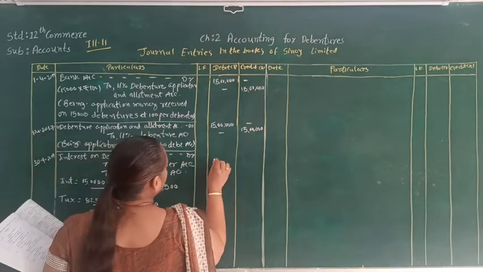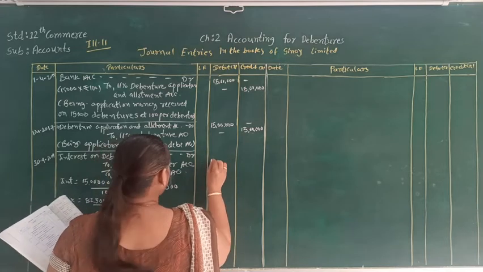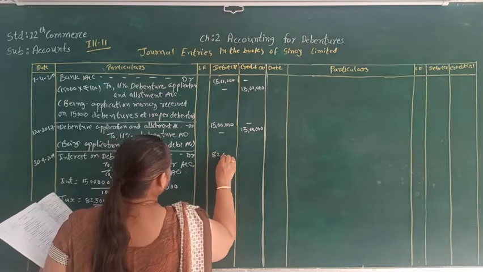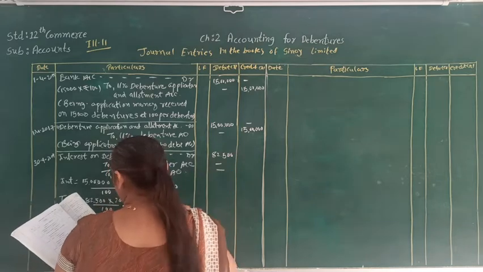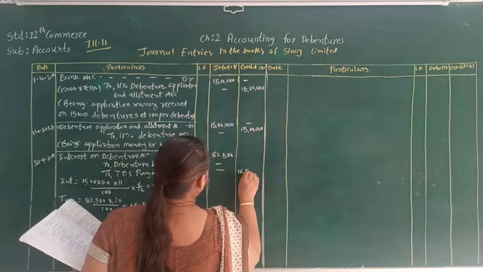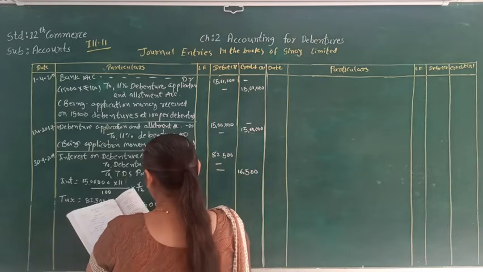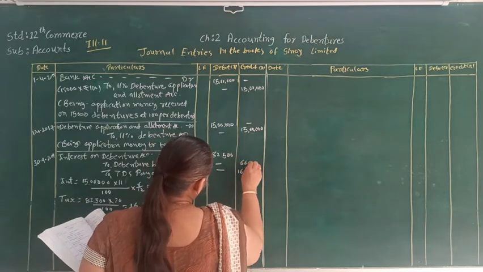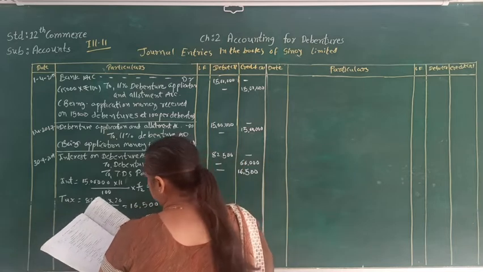So here the total amount of interest on debenture will be 82,500 and the amount of tax will be 16,500. The remaining amount will be paid to the debenture holder, that will be 66,000.